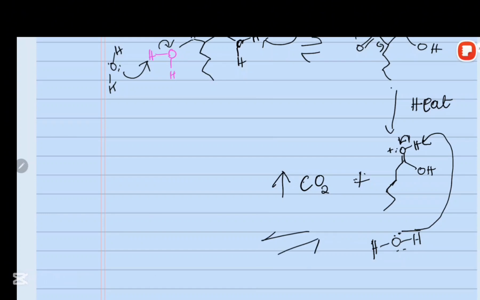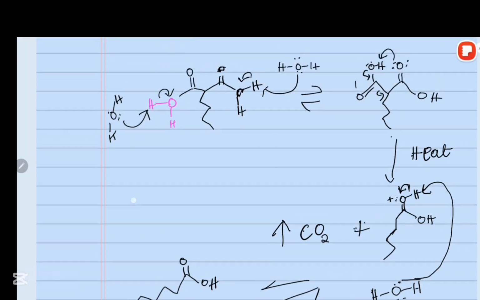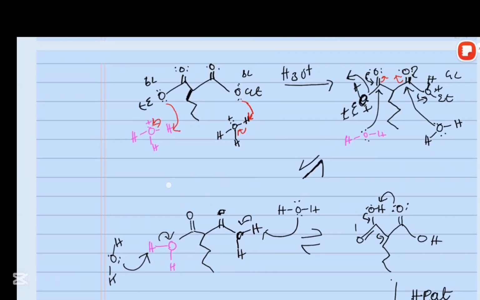How many carbons? 1 2 3 4 5 6. 1 2 3 4 5 6. 1 2 3 4 5 6, with OH here plus carbon dioxide. So this is the end of the first question. This is the mechanism of the first question.